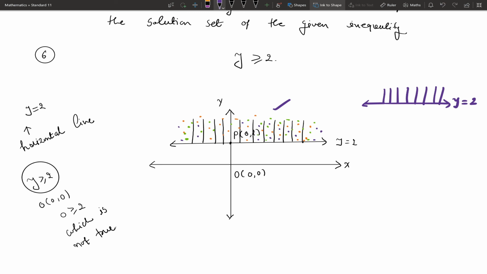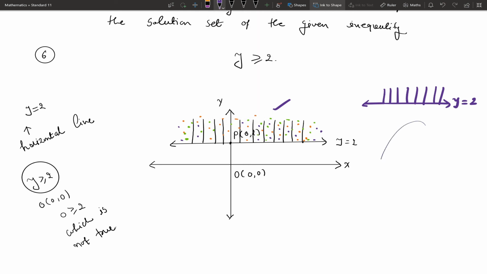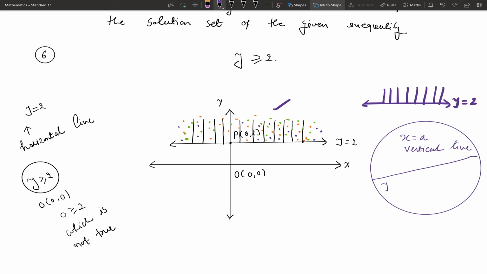So two basic things for our understanding: x equal to a represents a vertical line, and y equal to b represents a horizontal line.